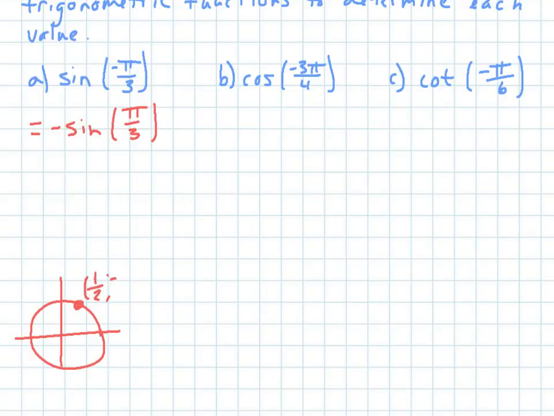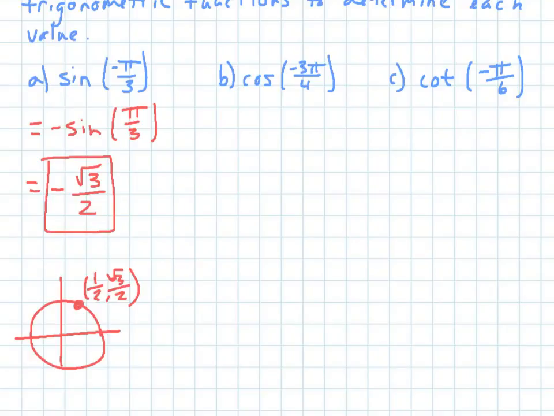And so the point there is 1/2 comma square root of 3 over 2. So then, since I'm looking for sine, it's the square root of 3 over 2. But I just take a negative and tack it onto my ratio. So it's like multiplying a -1 times the ratio that you're doing.